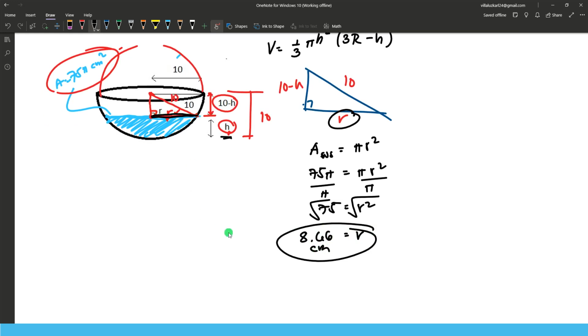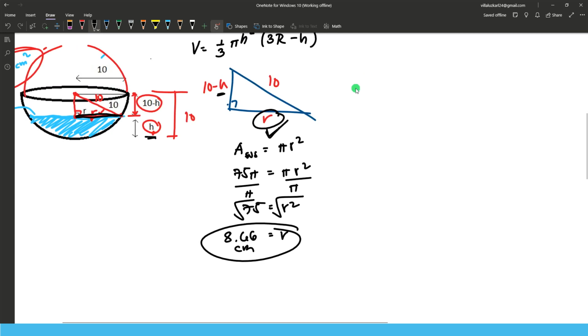Now we have a value here, so if we use the Pythagorean theorem again, the only variable left is h. So we can now determine h. By the Pythagorean theorem, the hypotenuse squared equals (10 minus h) squared plus r squared. What is required here is h.